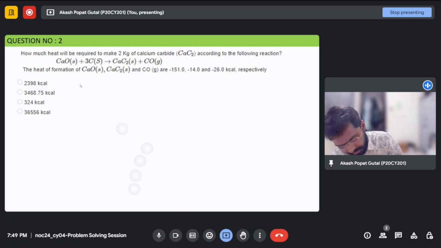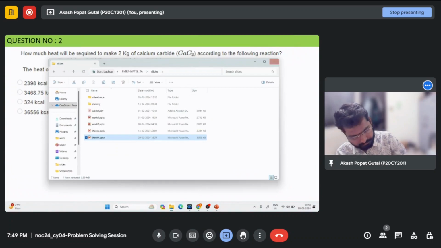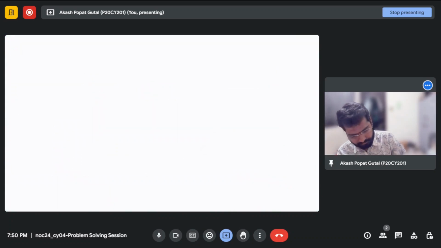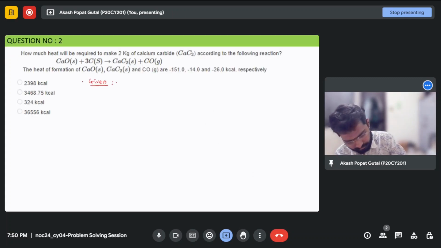So we will take out the given things. It's given that the heat of formation for CaO is minus 151.0 kilocal.